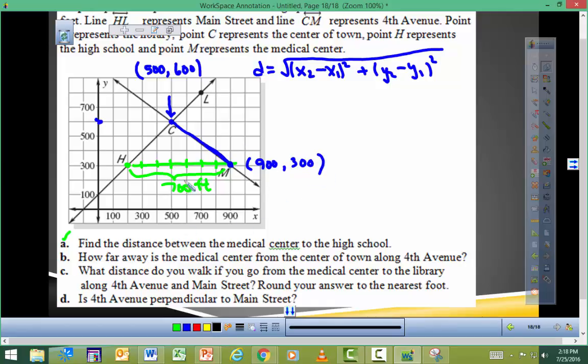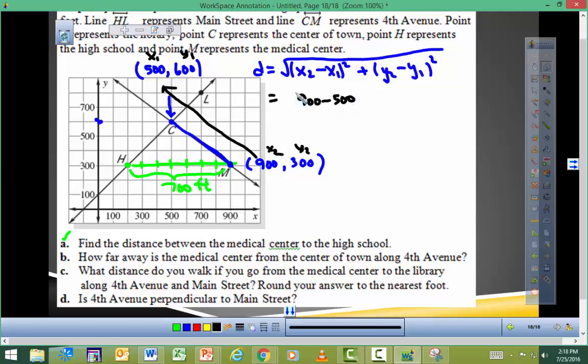Now let's just keep track here. If this is my x1, this is my y1, this is my x2, this is my y2, I just want to put the numbers in where they go here now. So according to my distance formula, I need to take this number and subtract that one. So that's going to be 900 minus 500.